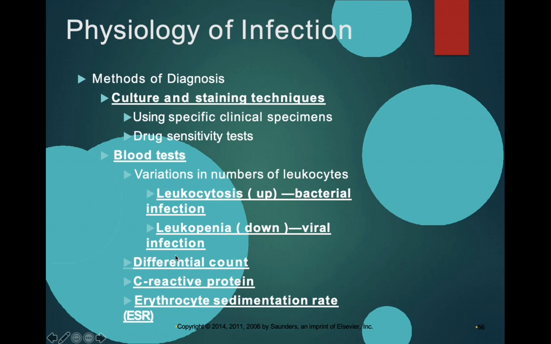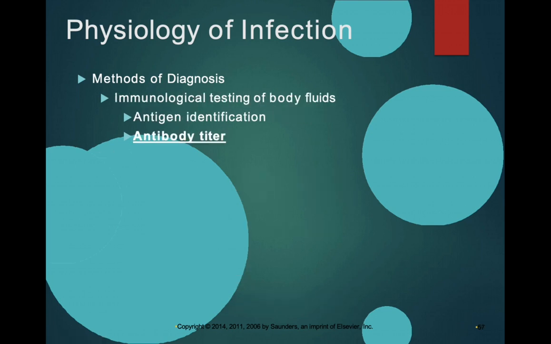They could do a differential count. They can look for C-reactive protein. They also look at the ESR, the erythrocyte sedimentation rate. All different blood tests to help diagnose the condition. And they can also look to see if their body produced antibodies, right? There's immunological testing of body fluids.